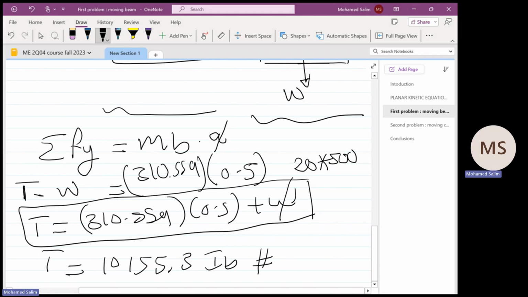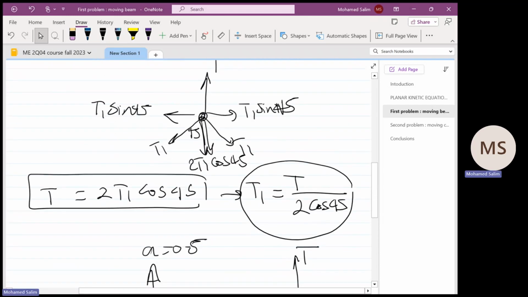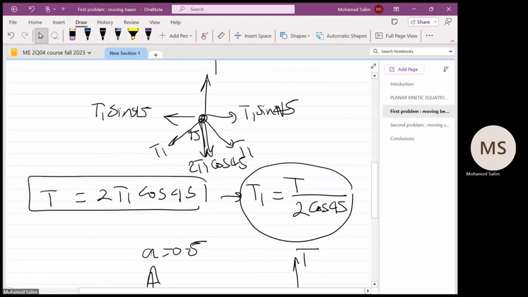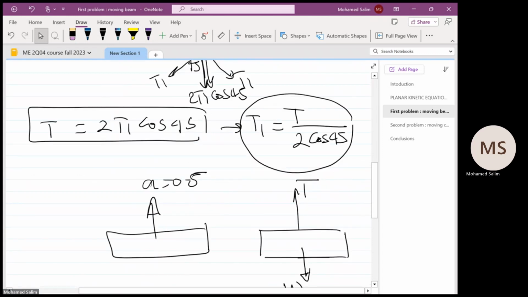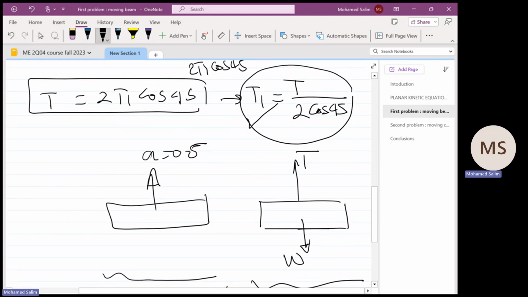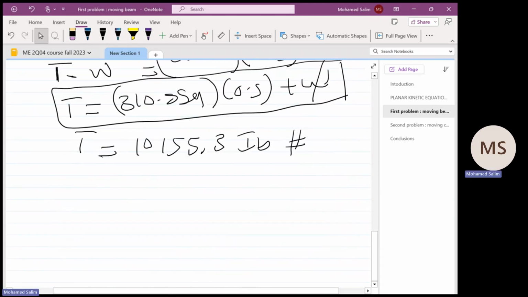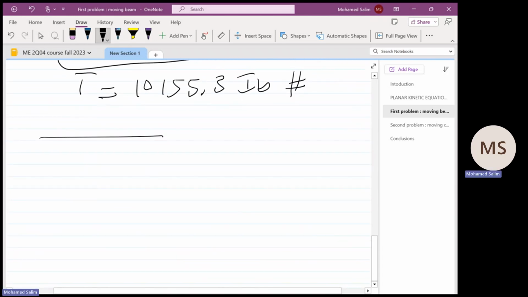And once you know T, you can calculate T1 from here. And once you have T1, go again to the principal problem, which you present at A here.